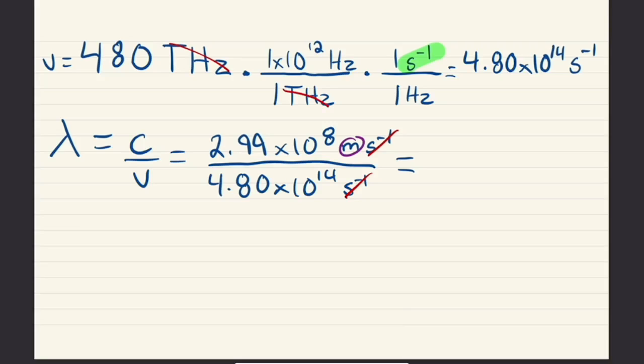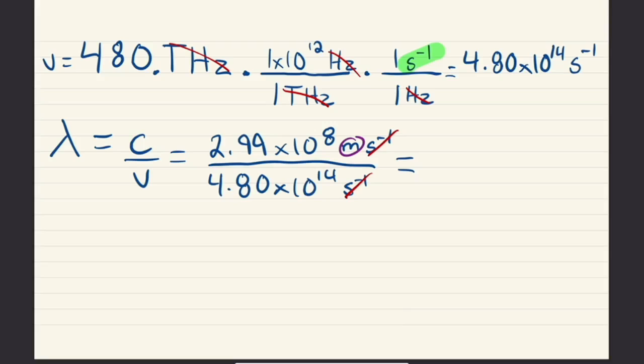We're able to cancel hertz, even though hertz and seconds to the negative 1 are the same. And we've left ourselves with a value of 4.80 times 10 to the 14 seconds to the negative 1. Realize that this is technically only 3 significant figures if we have a decimal there, so I will leave that there to show that it should be 3.